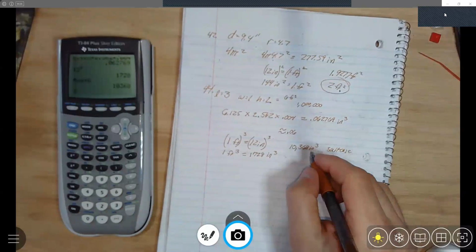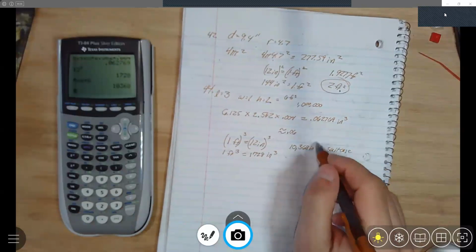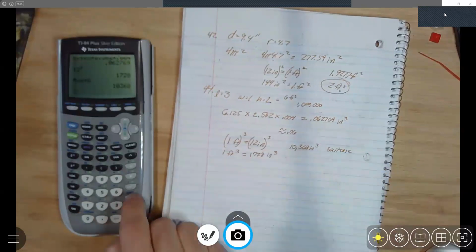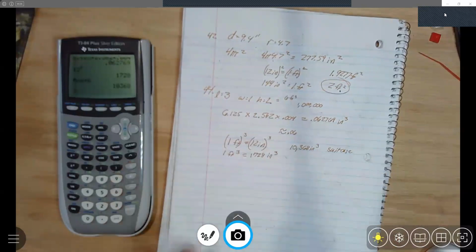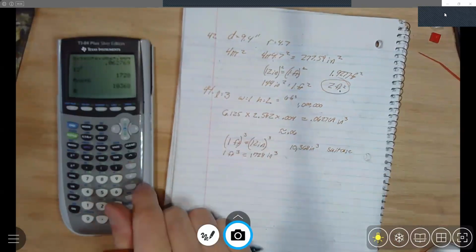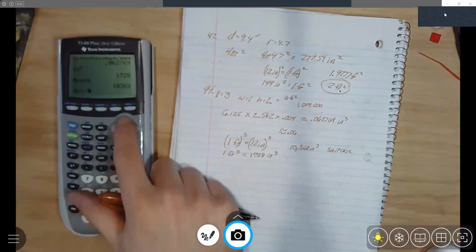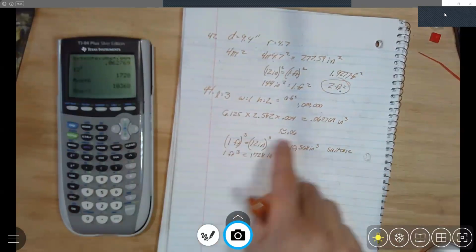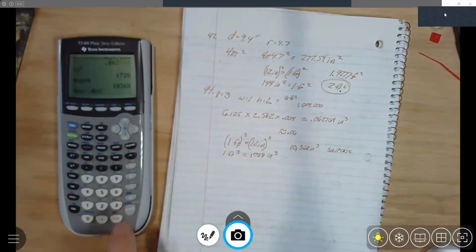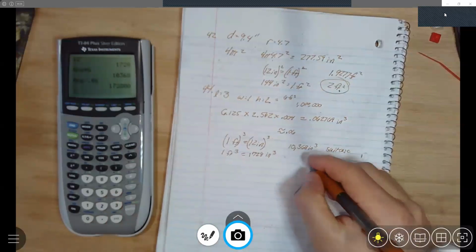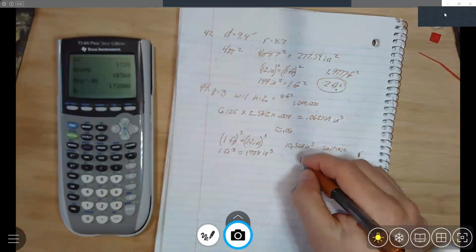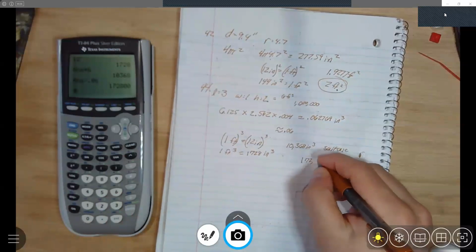Right, so how many of these dollar bills can fit in there if we could max out stuffing dollar bills in the suitcase? So first I'm going to do it by the approximate value, and it's going to tell me I can fit 172,800 of them.